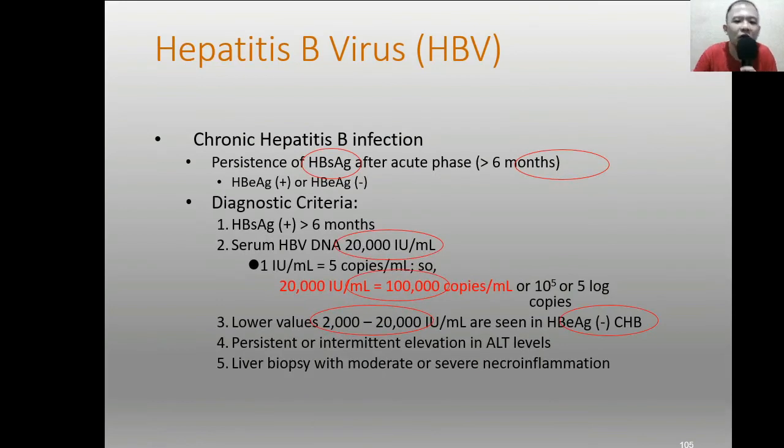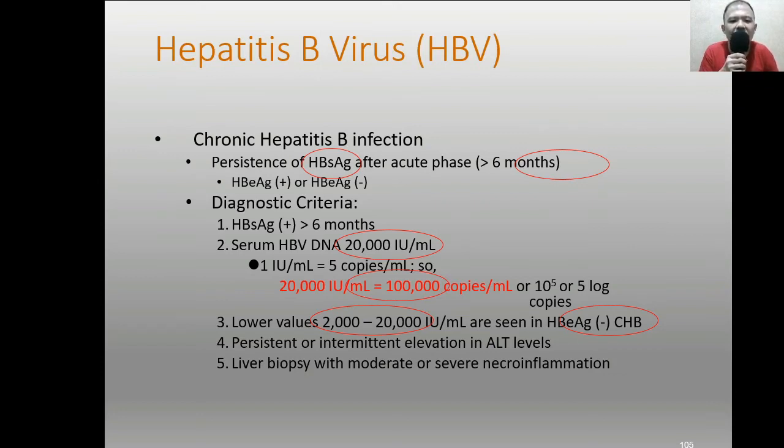So let's go to chronic hepatitis B. Chronic hepatitis B is defined as hepatitis, according to timeline, more than 6 months. We're not saying the patient is infectious or not infectious. It can be both. You may have hepatitis B E antigen positive or negative, depending on the phase.